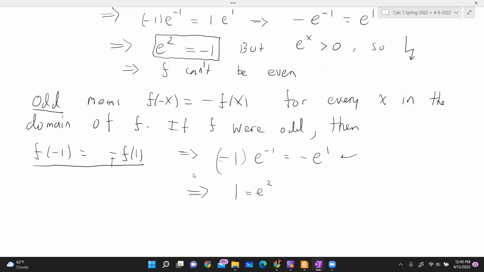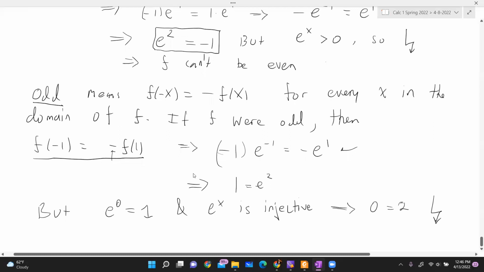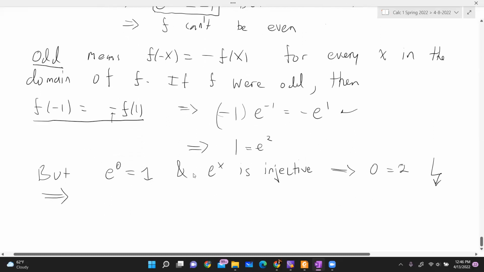But we know that e to the 0 is 1, and e to the x is injective. It's a 1-to-1 function, meaning that if you have two distinct points, they should have distinct outputs. So since it's injective, this implies that 0 equals 2, and that's obviously absurd. This is a contradiction. 0 is not equal to 2. So it implies that f is not odd.